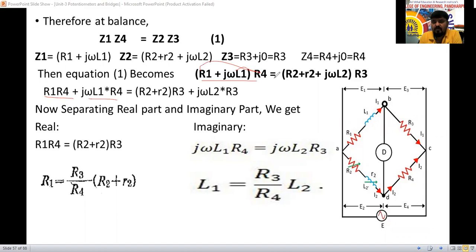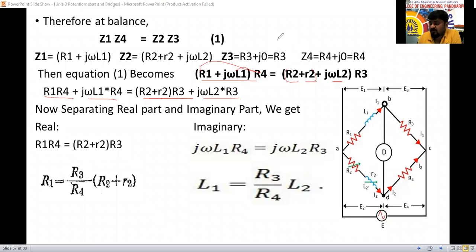Equal to, see here 1, 2, 3 terms are there. We have to multiply with R3. R2 into R3, or R2 plus R3 directly they have used. R2 into R3 is the real part, one term we have made, and this is the imaginary part, one term: j omega L2 into R3. This is one term.